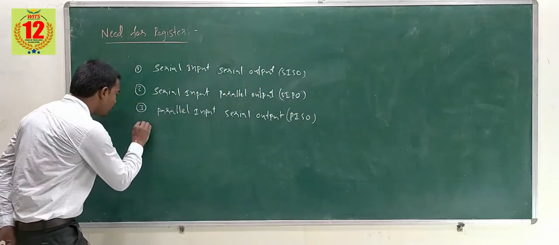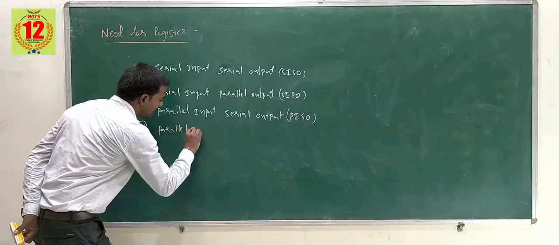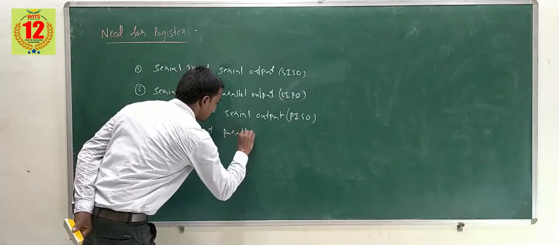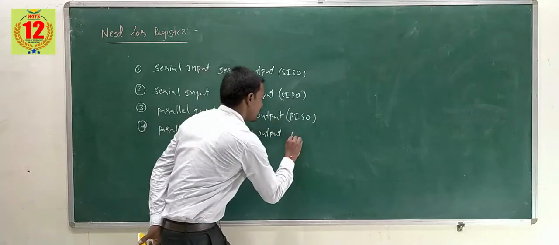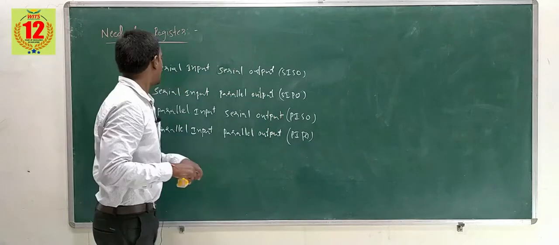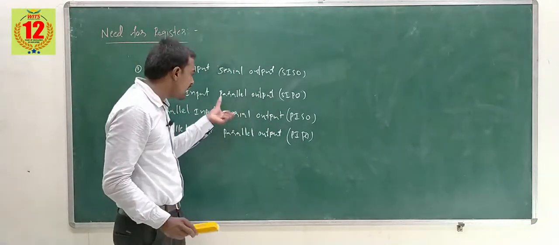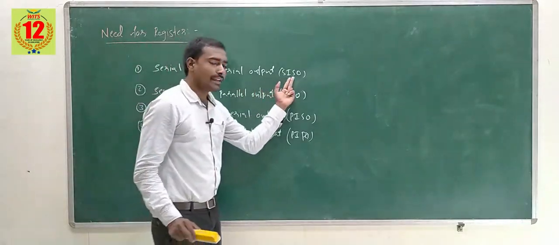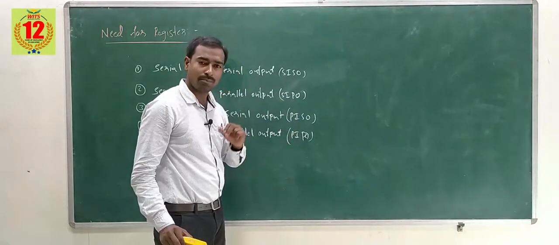And the fourth one is parallel input and parallel output, that is PIPO. So based on the data storage or data transmission, we have 4 types of registers: SISO, SIPO, PISO and PIPO.